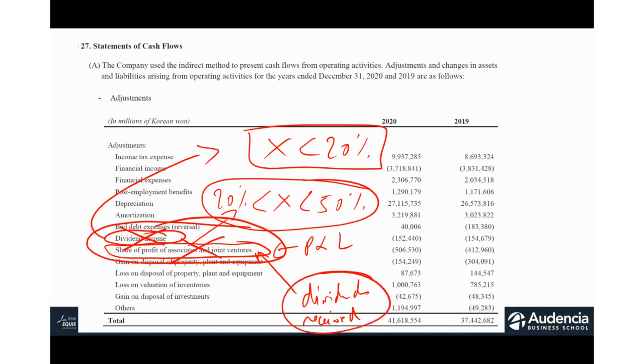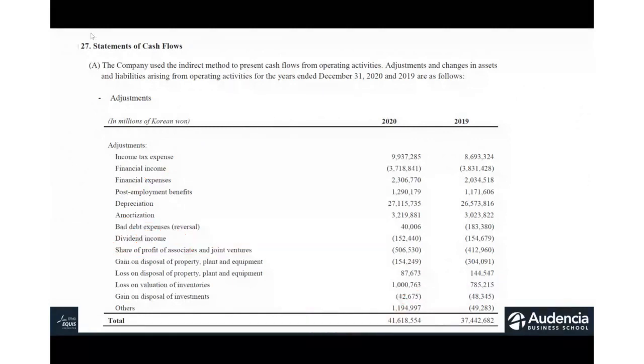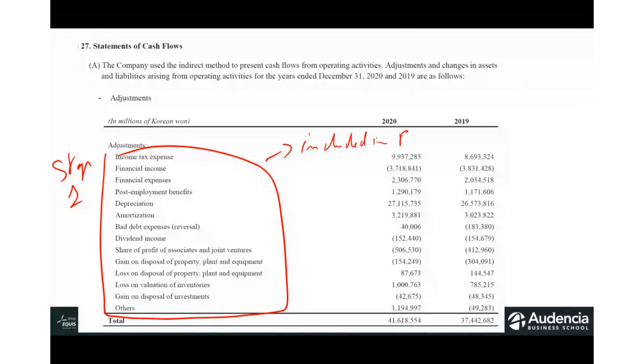So this is the cash impact. And what you have here is what is in your P&L. So here we can say, all this is in step number one. In step one, all this is included in the P&L. And you want to replace the cash expense and revenue, all this and all this. Here we have cash expense and cash revenue.